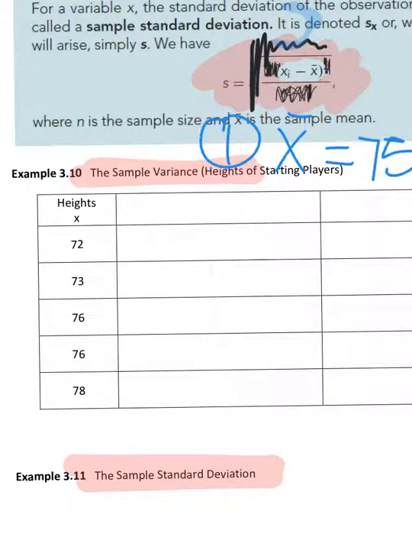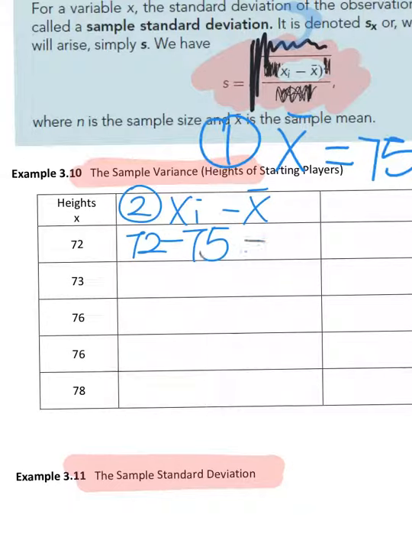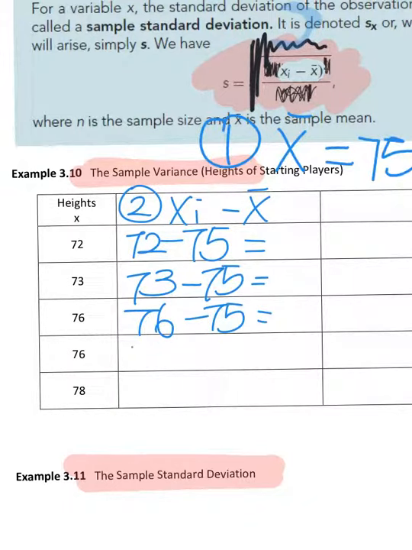Second step, we take the difference, xi minus x bar. That means 72 minus the mean 75. 73 minus 75. 76 minus 75. 76 minus 75 again.